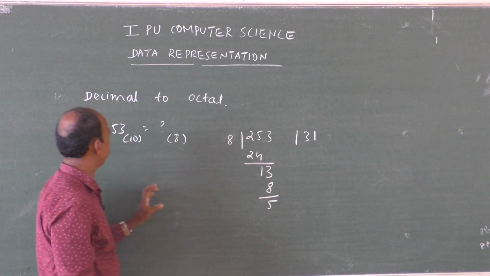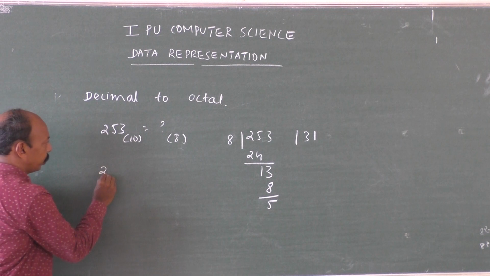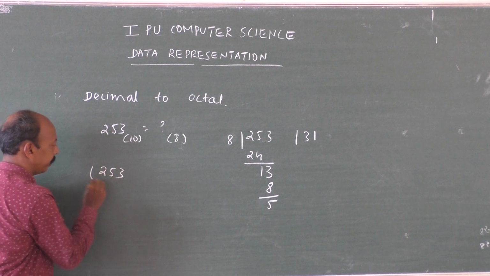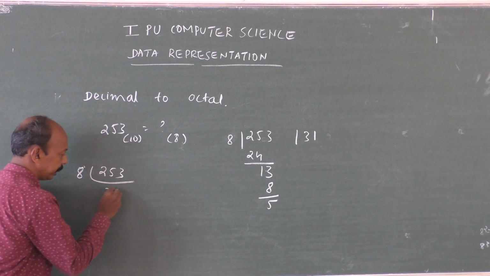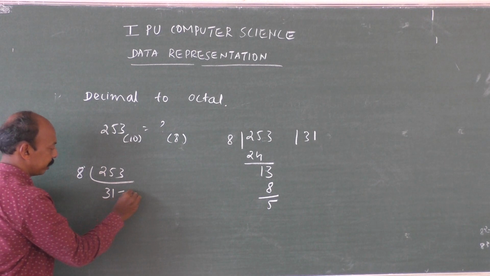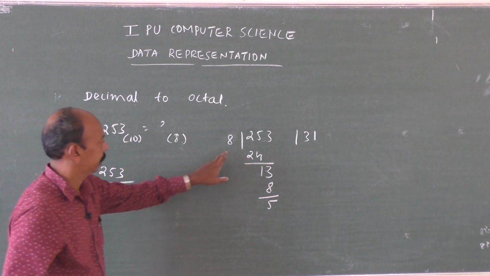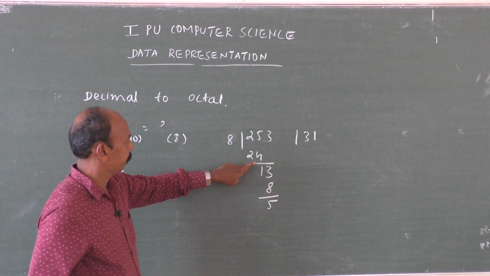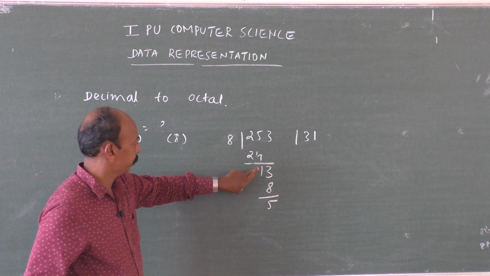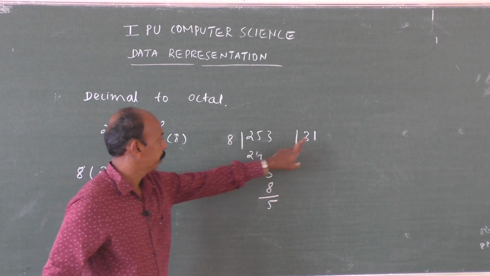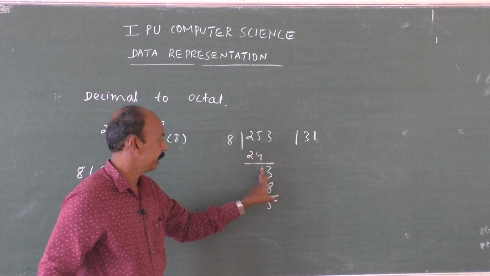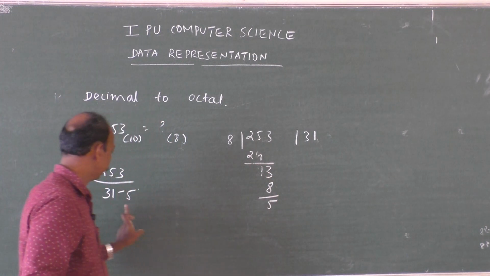That means when we write 253 divided by 8, we got the quotient as 31 and the remainder is 5. Hope that's right. 8 3s are 24. 25 minus 24 is 1. This 3 get it here, 13 divided by 8. 8 1s are 8. 13 minus 8 is 5. So 5.